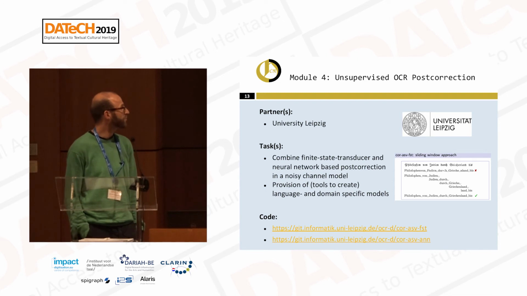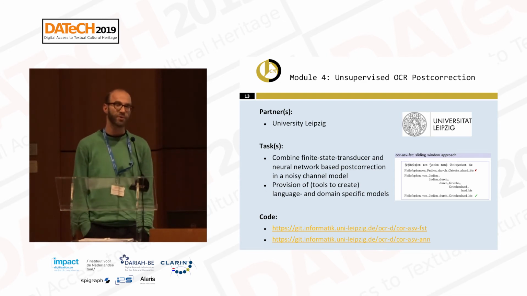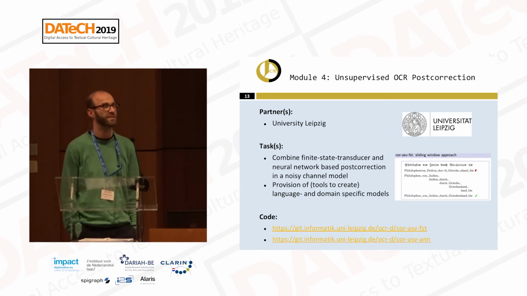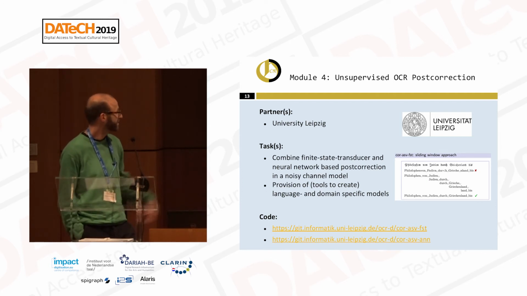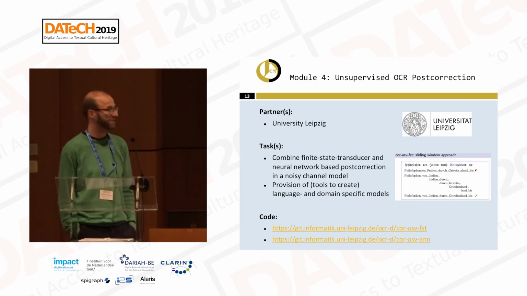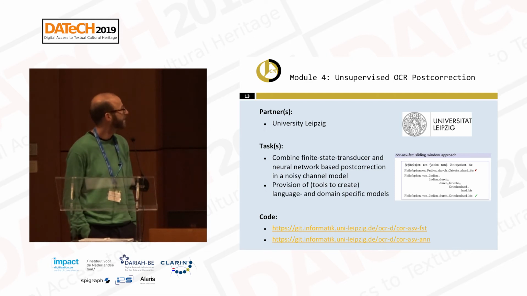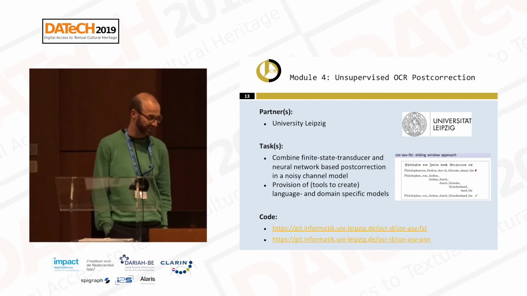They are also currently developing some tools to create historical and document-specific language models to support this automata-based post-correction. So currently there are two tools, one which does the FST post-correction, one which uses the neural network. And I think one of the next things will be a cross-evaluation or possible integration of these.